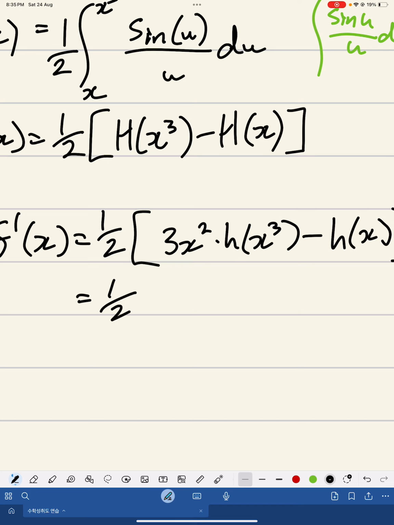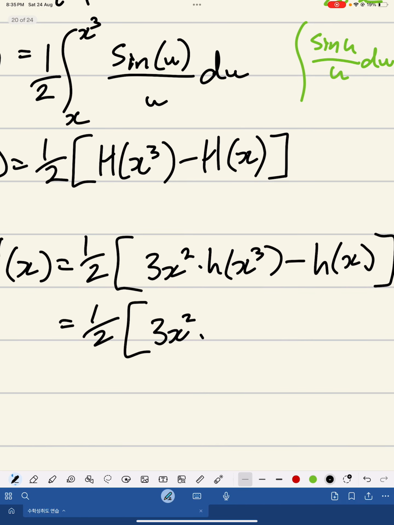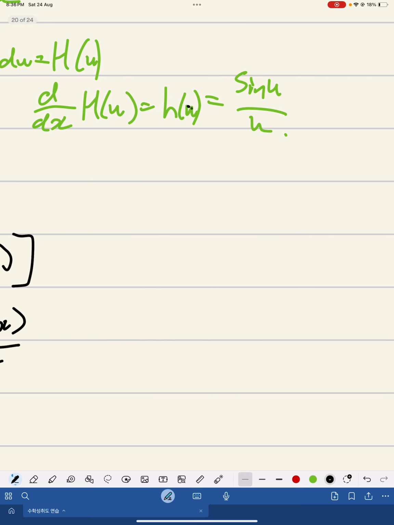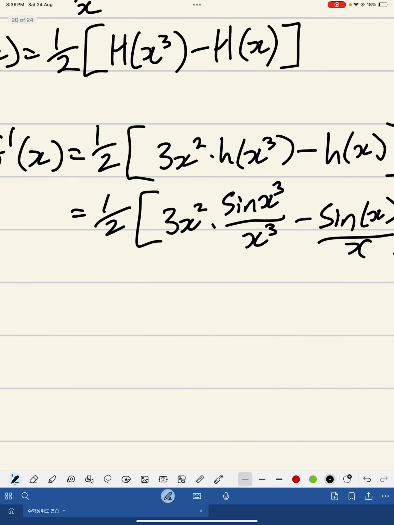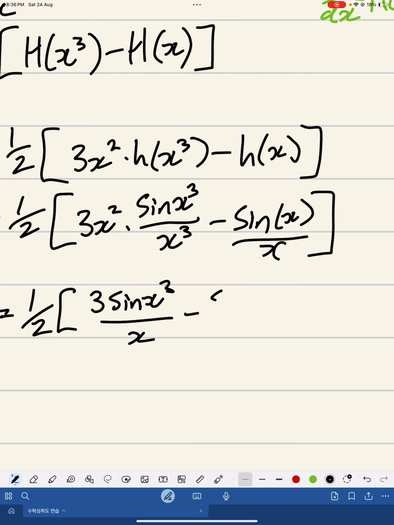This is 1/2 of 3x squared times, substituting x cubed instead of u, sine of x cubed over x cubed minus sine of x over x, because we're substituting x instead of u in sine u over u, right? So if you simplify some, you get 3 sine x cubed over x minus sine x over x.